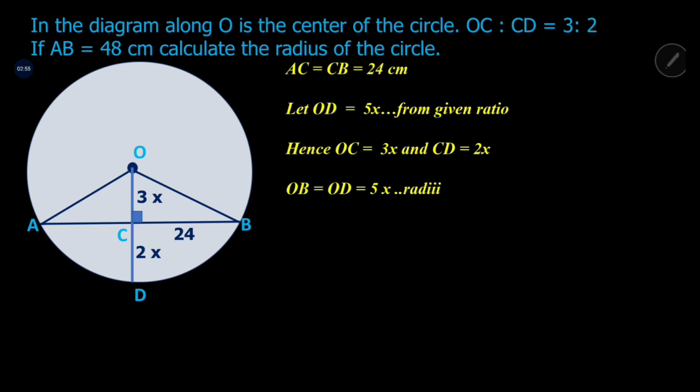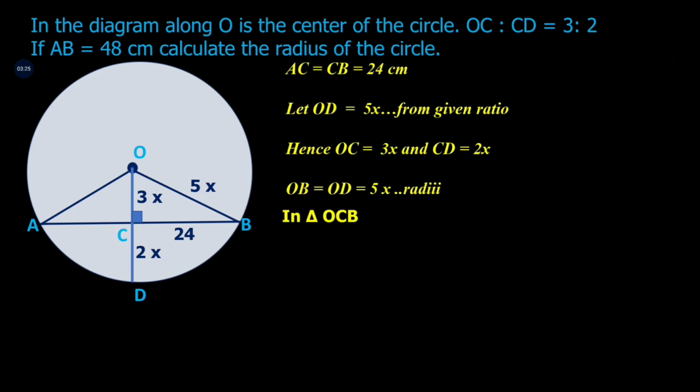Whenever you're dealing with this type of question where they ask you to calculate and they give you information of the center of the circle, there's a line drawn from the center. Usually you have to come up with a right angle triangle. Try to come up with the sides of this right angle triangle in terms of x. Once you can see the sides of the right angle triangle in terms of x, apply the theorem of Pythagoras.